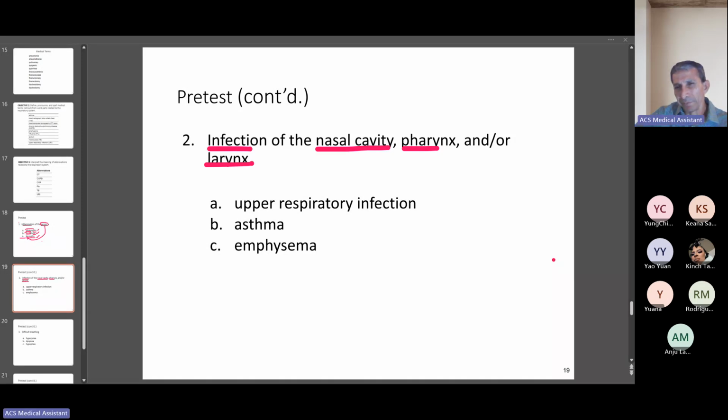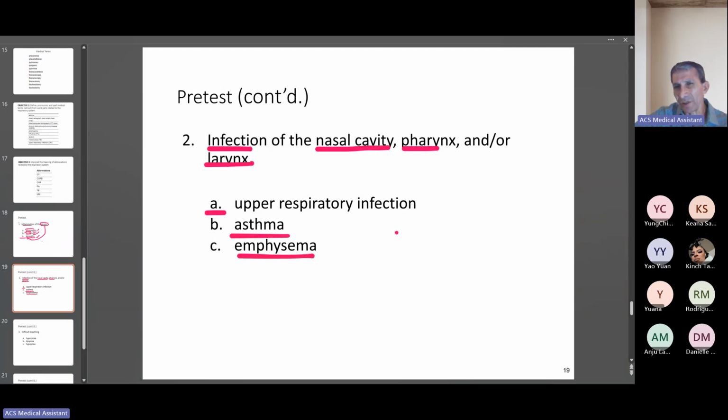Going good? Anybody else? Excellent. Yes, I agree. That is the correct answer, A, because asthma has nothing to do with that.